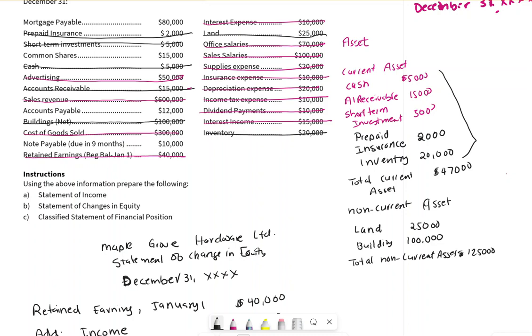And then we have something called total assets. If it's a total asset, we add the current assets and the non-current assets. We add both numbers, and I will get a number of 172,000.